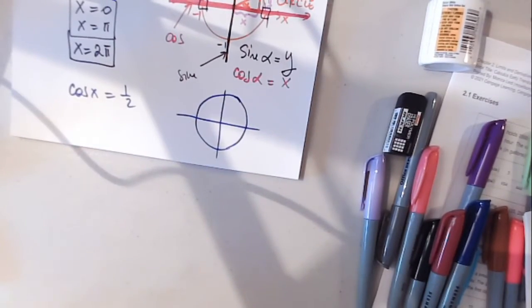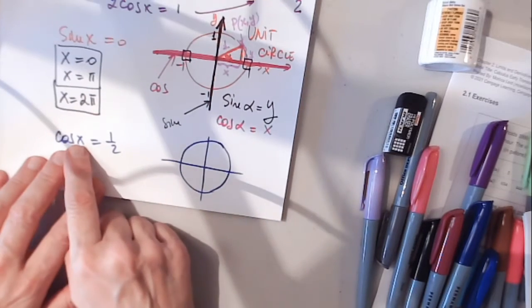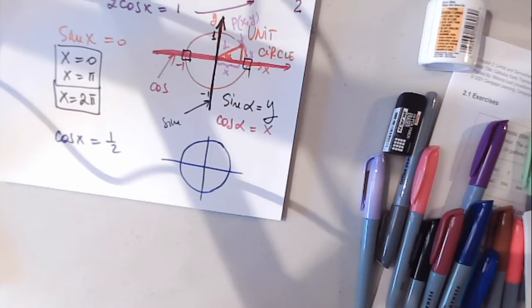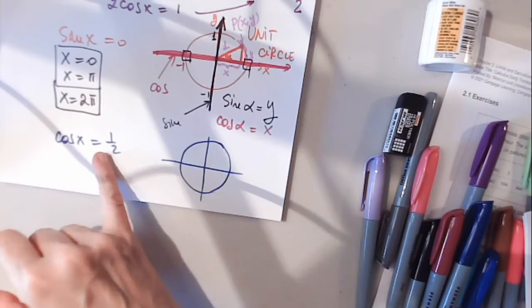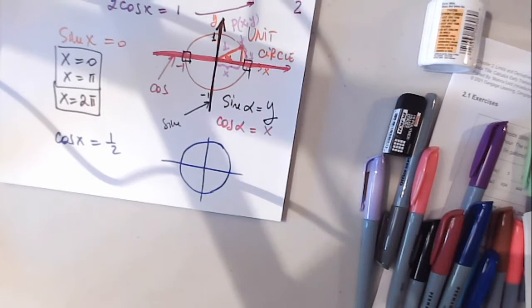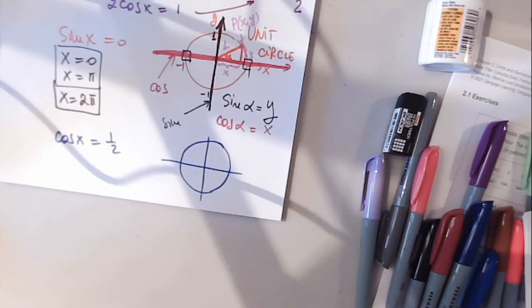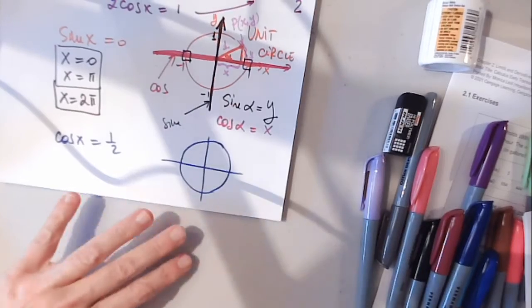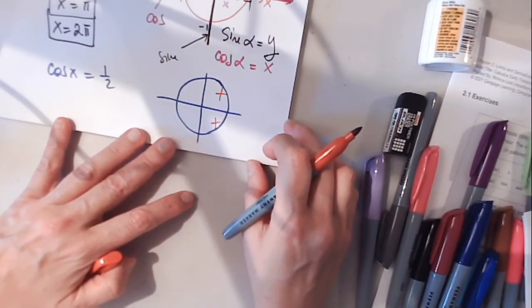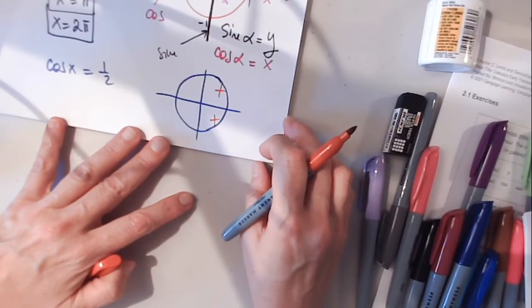First of all, where do we measure cosine, on the x or on the y? On the x. Perfect. So in which quadrants will cosine be positive if it is measured on the x-axis? In quadrants 1 and 4. Great job.